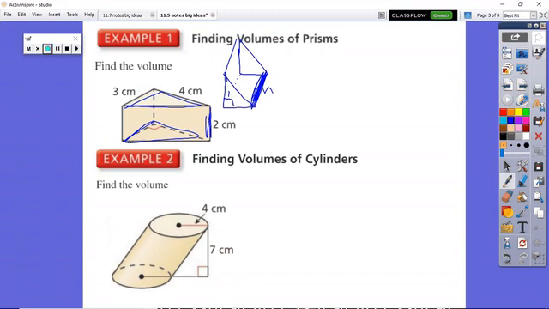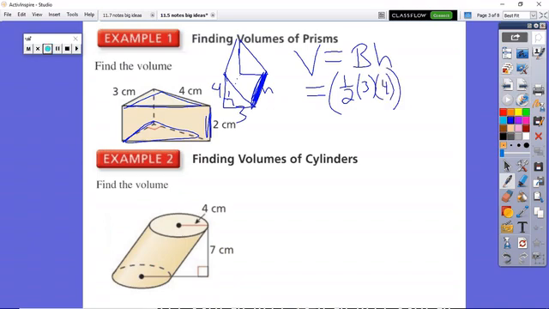So the volume would equal the area of the base times the height, and the area of the base is just 1/2. Since it's a right triangle, your base and height are just 3 and 4, interchangeable of course. And then the height of the entire prism is 2.